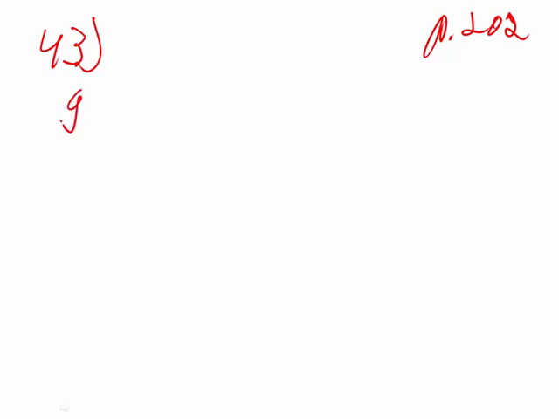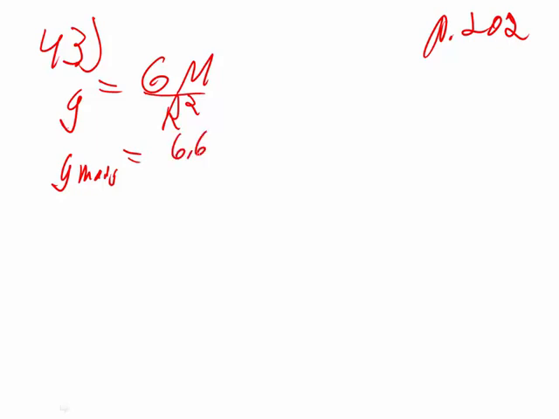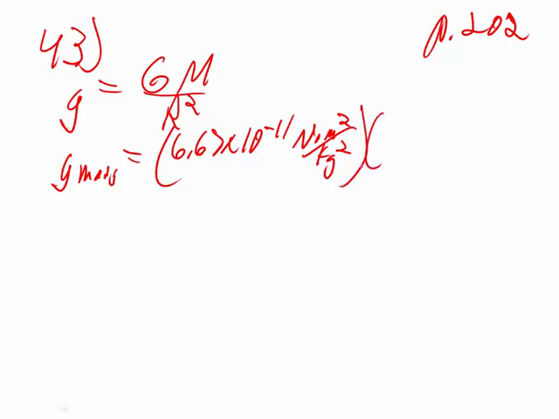Well, according to Newton, the gravitational acceleration of a planet on its surface is equal to Newton's law of gravitation constant times the planet's mass divided by the radius of the planet squared. Okay? So let's do this calculation. g of Mars is equal to 6.67 times 10 to the negative 11th newton meters squared per kilogram squared times the mass of the planet, which you look up in the back of the book.